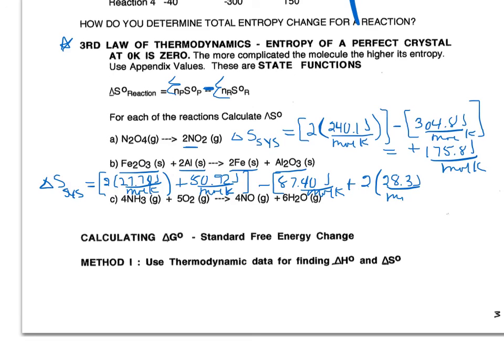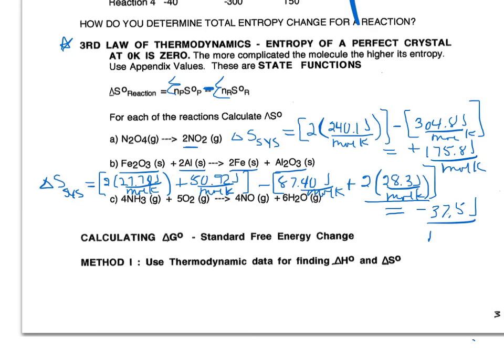joules per mole Kelvin. And again, notice, you were used to with delta H, the elements like the aluminum and the iron in their natural state, delta H is 0. But in entropy, we are comparing them to a perfect crystal, and their values are generally positive. Now, when we work this out, we get negative 37.5.